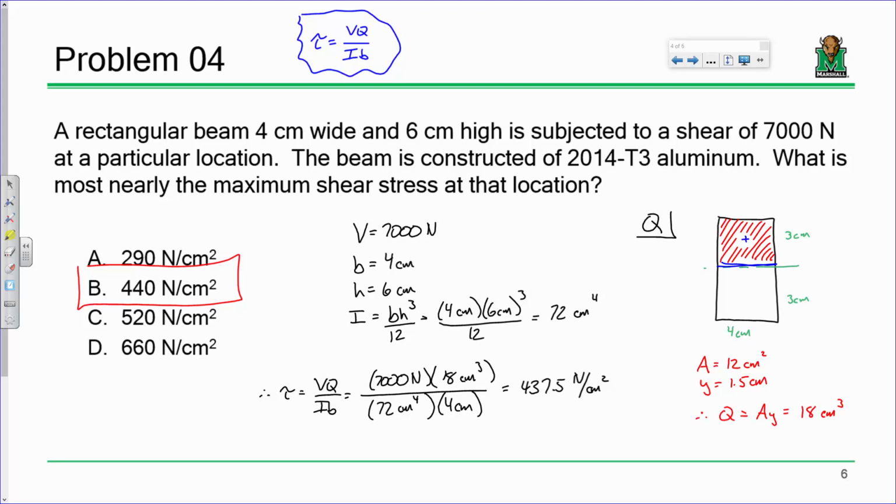Okay. So mechanics of deformable bodies in general can basically be a journey from forces and loads all the way to deformations.